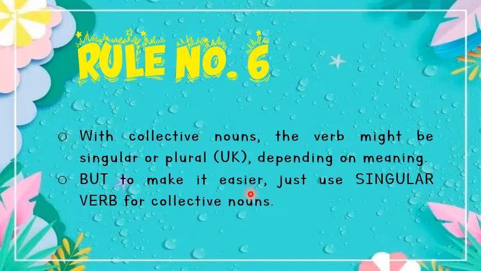But to make it easier, just use singular verb for collective noun. Okay, for this rule, if you check in the textbook, it is recommended, disarankan untuk guna singular verb sahaja untuk collective nouns.